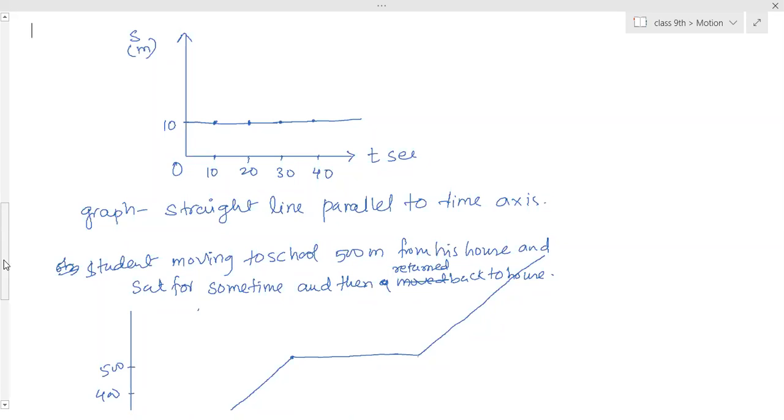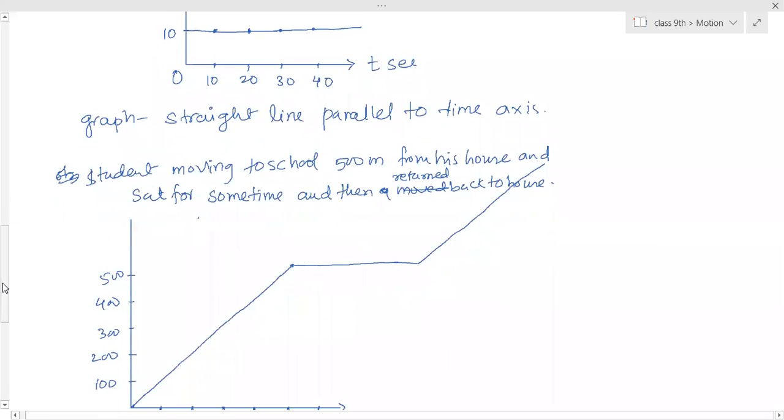Ma'am, can you scroll a bit down? Ma'am, can you scroll it down?